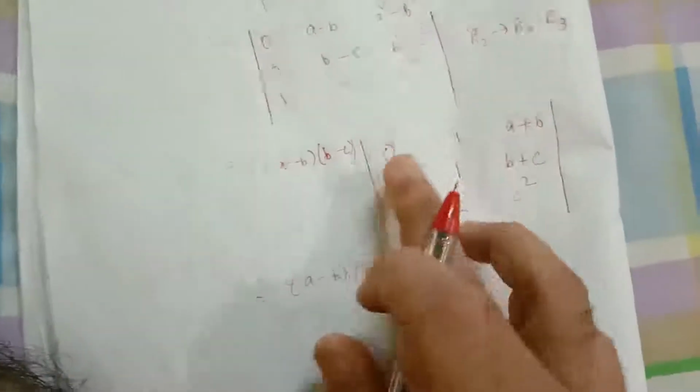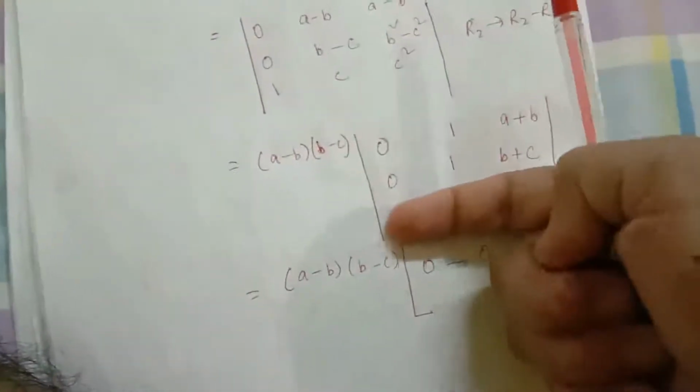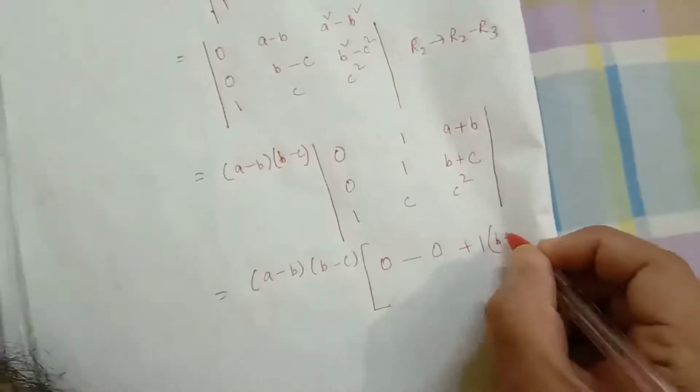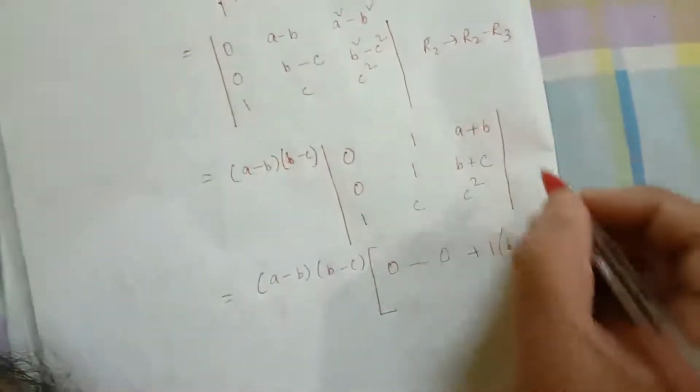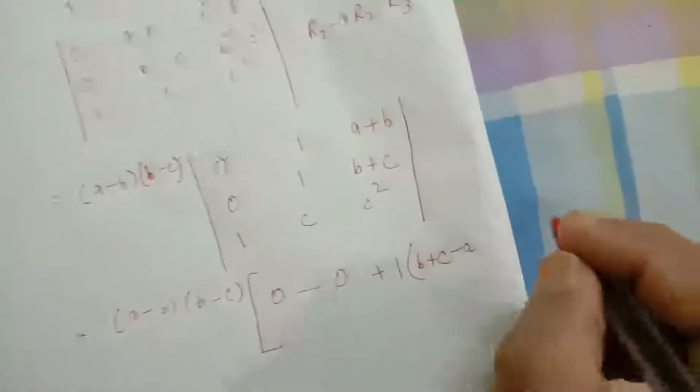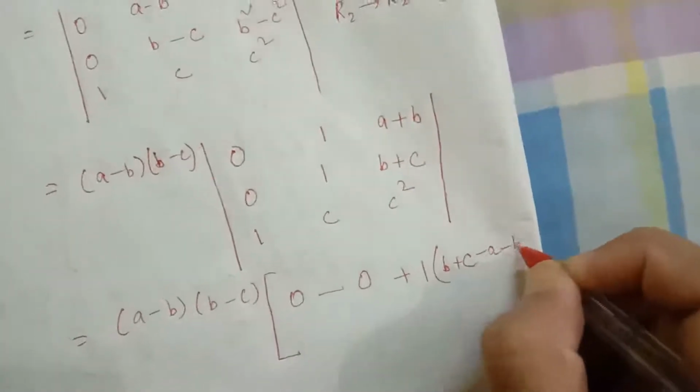We have to remove the column and the row in which this occurs: 1 into this, b plus c, minus this into this, a minus b.